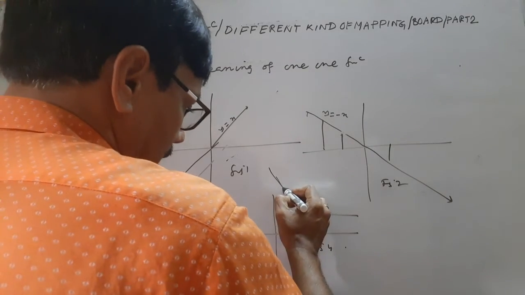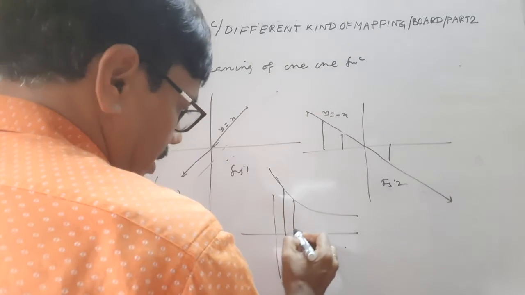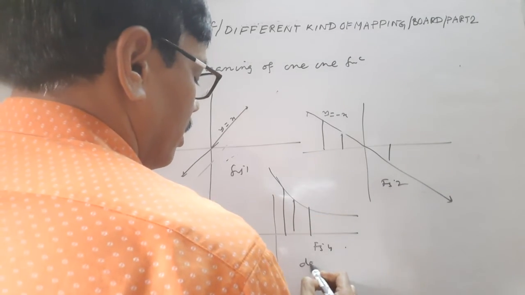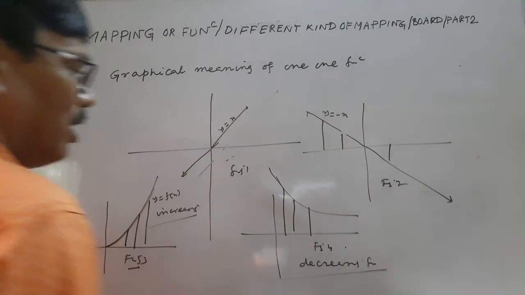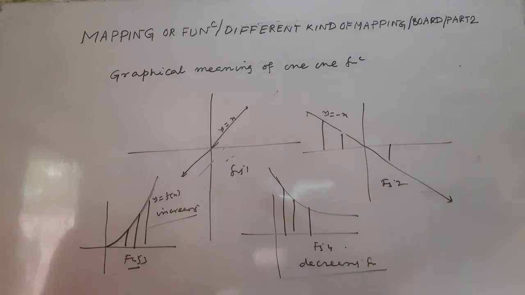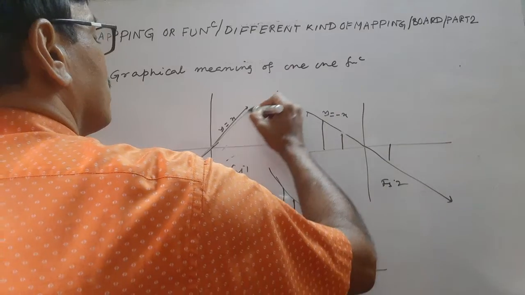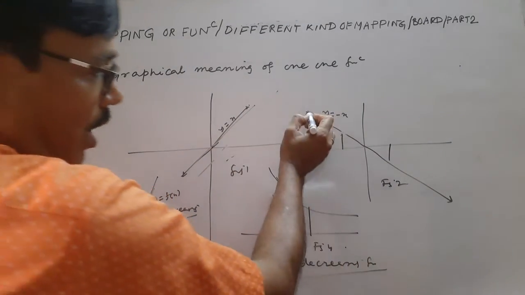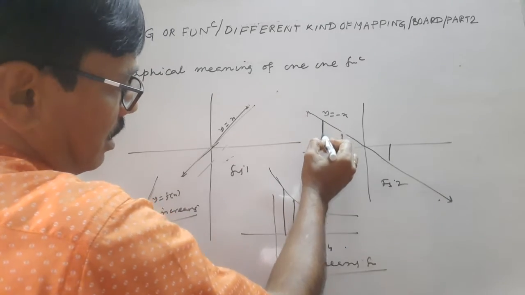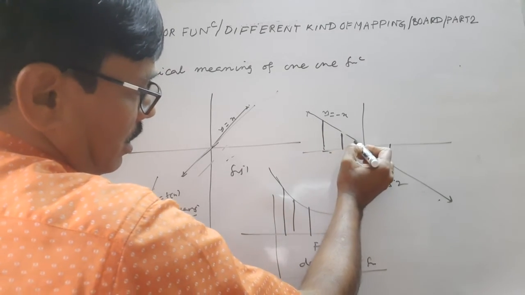For this one, as x increases, y decreases, they are called decreasing functions. So y equals x is an increasing function. Y equals minus x: x increases, y decreases.